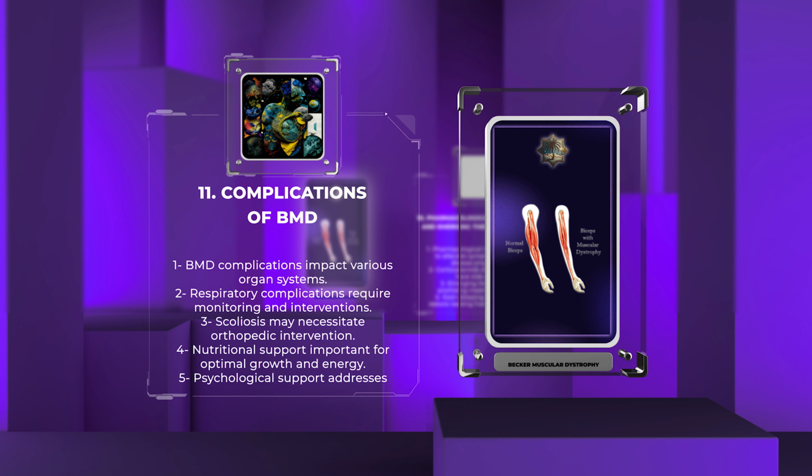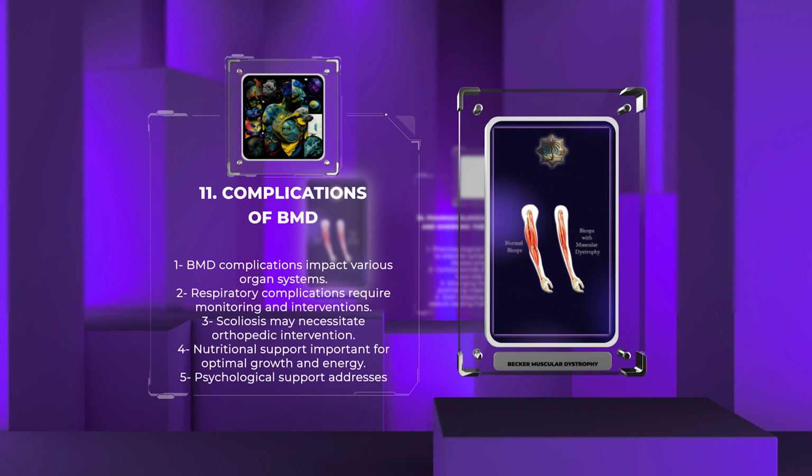Scoliosis, resulting from progressive muscle weakness and imbalances, requires regular spinal assessments and, if necessary, orthopedic intervention. Nutritional support is essential to prevent weight loss, optimize growth, and maintain adequate energy levels. Psychosocial complications, including depression, anxiety, and social isolation, warrant appropriate counseling and support services.